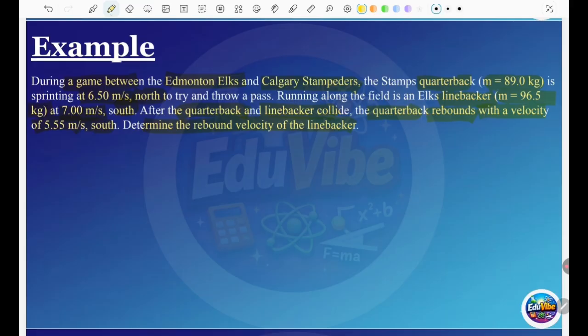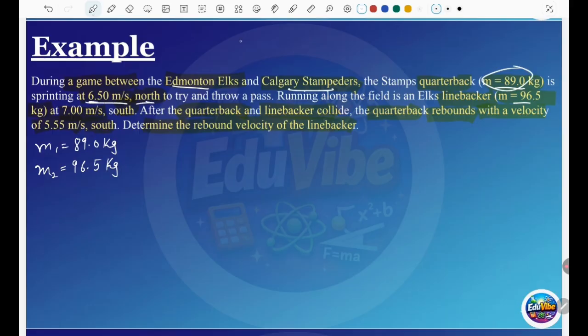So there's a lot of things going on. Let's write down the things we have been given. We have two masses, mass 1 and mass 2. Mass 1 is 89.0 kg, and mass 2 is 96.5 kg. Mass 1 goes with this velocity, and this is north.